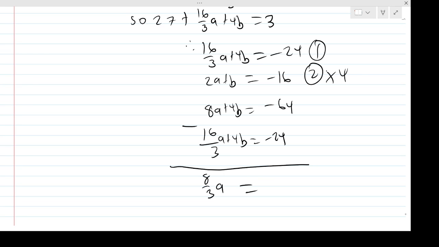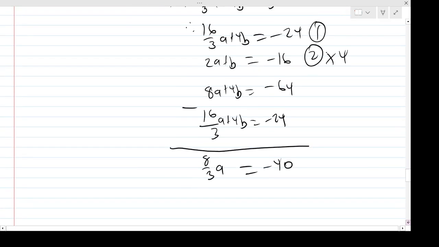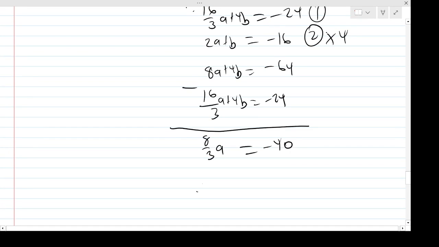Minus 64 add 24 is minus 40. So that means 8 over 3 of a is minus 40. So if I divide minus 40 by 8 over 3, I get a to be minus 15.